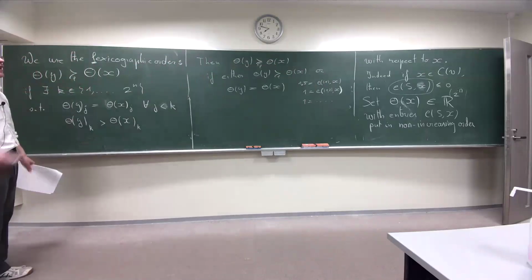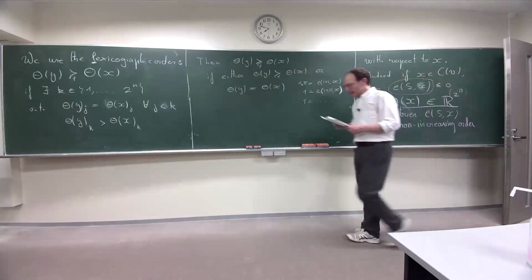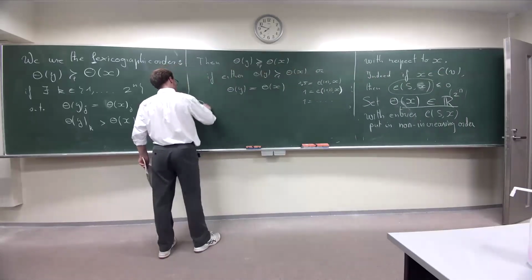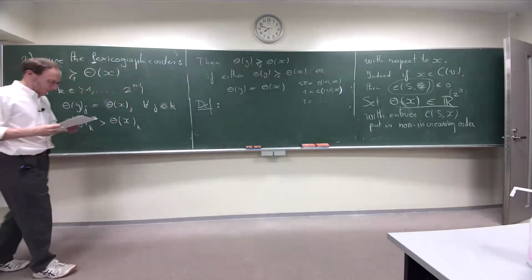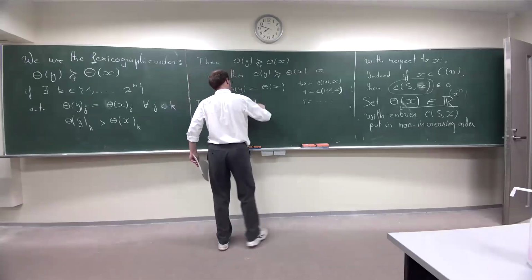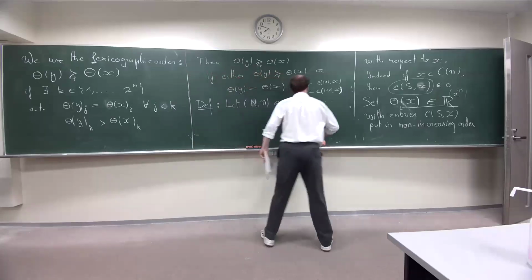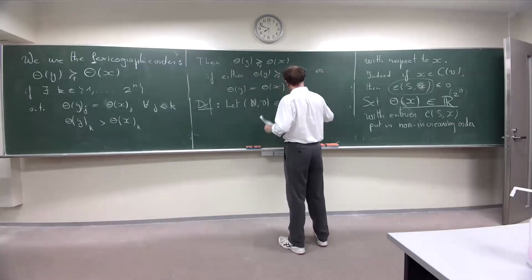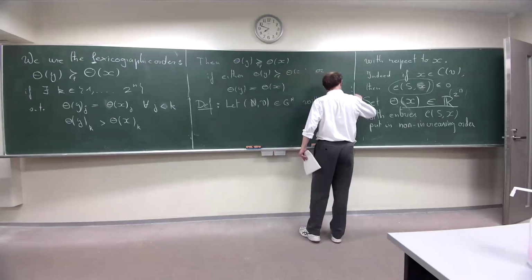Okay, so I define an order on these vectors. And now the main definition for this section is the nucleolus. So let N be a game, and I assume that its imputation set is not empty.